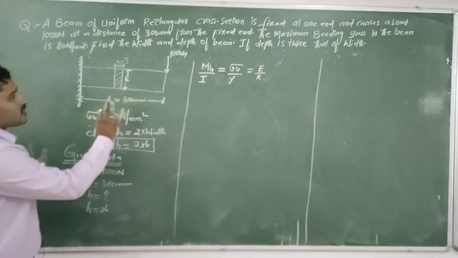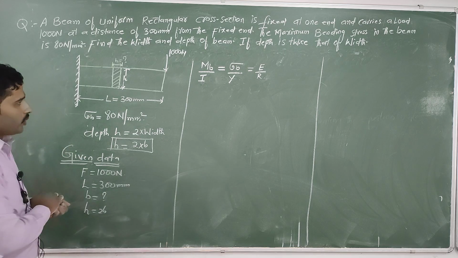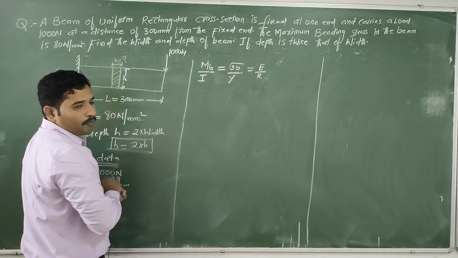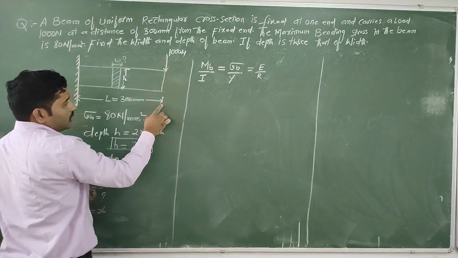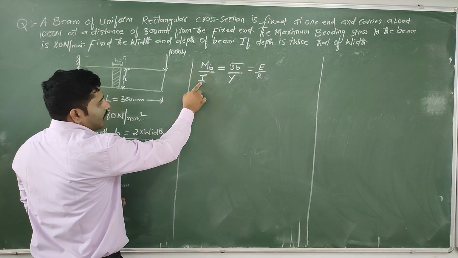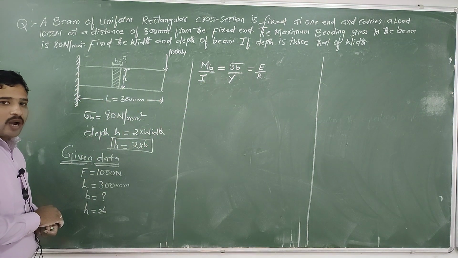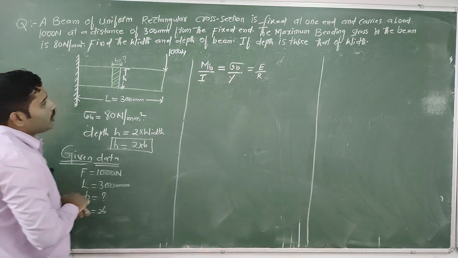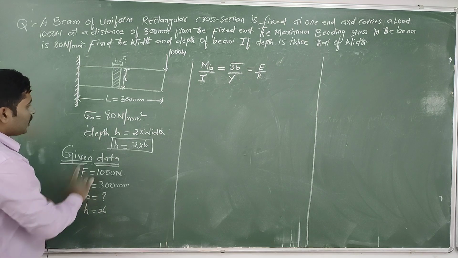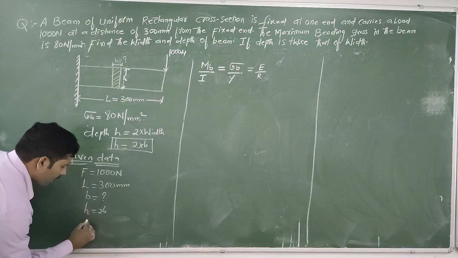If you observe this figure, which formula do we have to use in this equation? Because M_B, we can easily find out: bending moment is force into length. I is the moment of inertia, we can find it as BD cube by 12, and sigma B is already given here, 80 Newton per mm square.